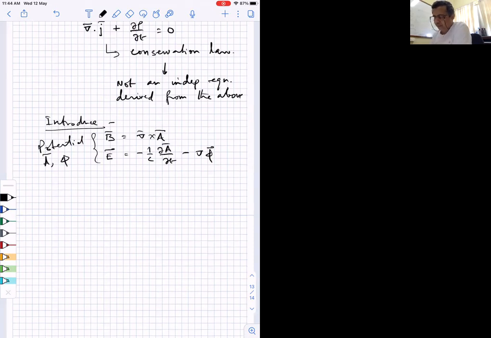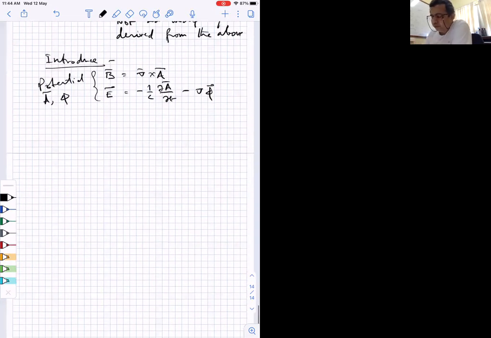A and phi. And then we also know that if I change the potentials in a particular way, then B and E do not change. So we can make this transformation.